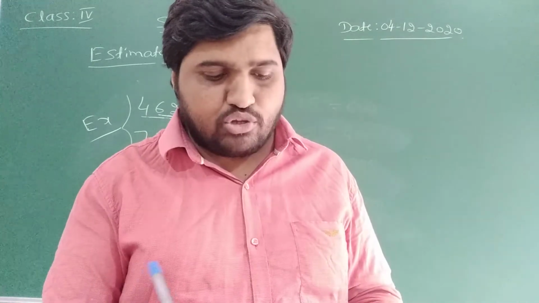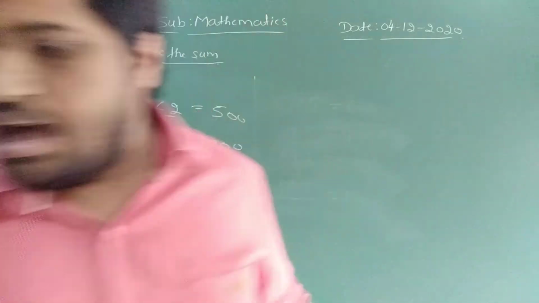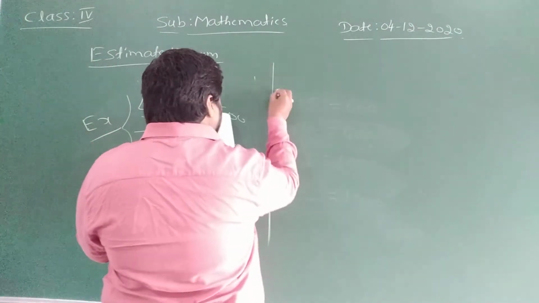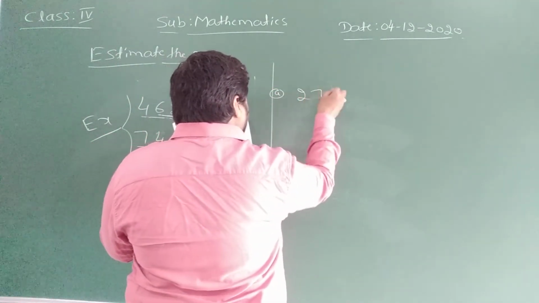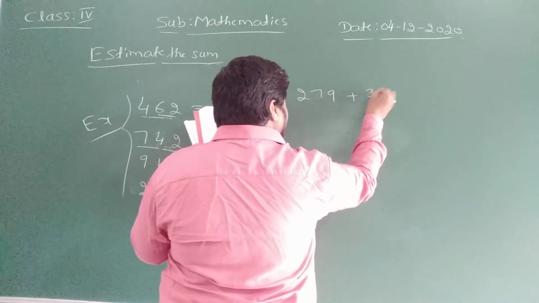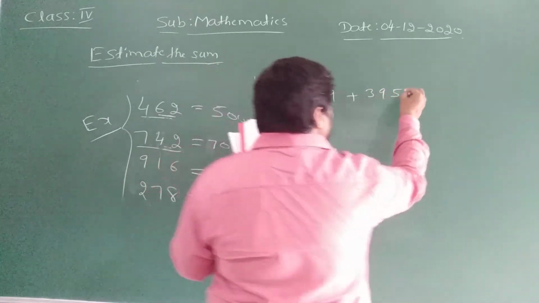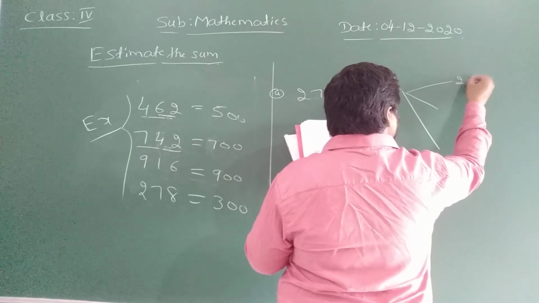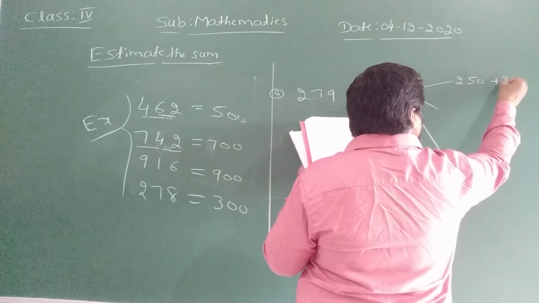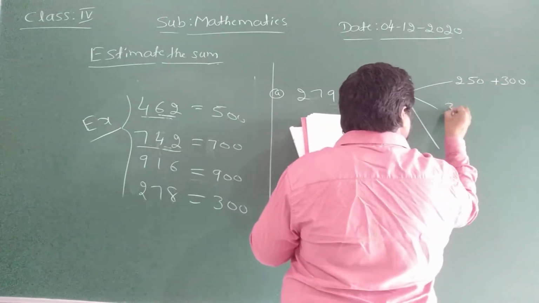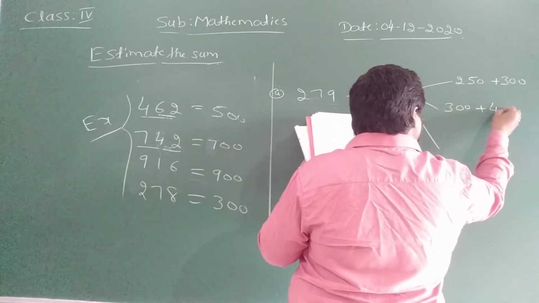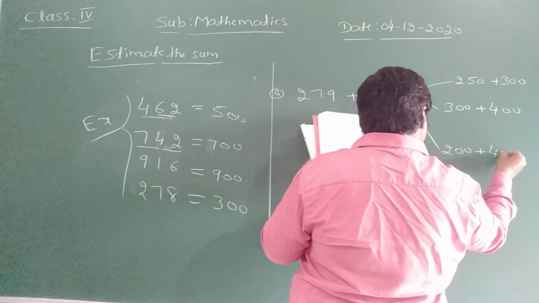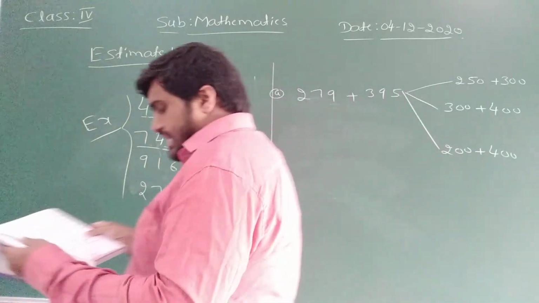Now, the actual sum also you have to calculate. See here, I will show you how to solve. The first question is 279 plus 395. They have given three options here. The first option is 250 plus 300, then 300 plus 400, and here 200 plus 400.